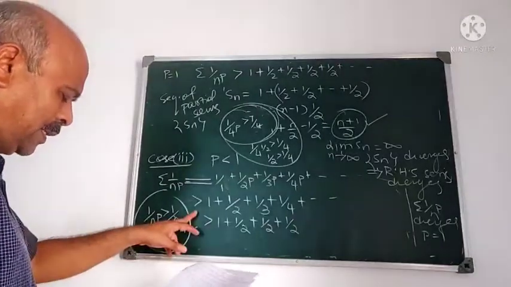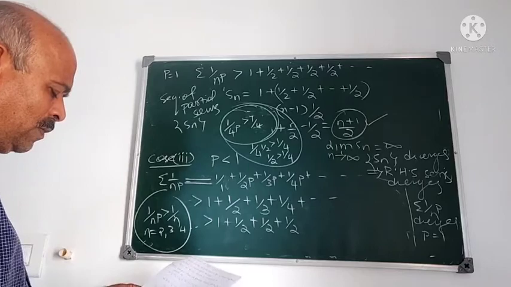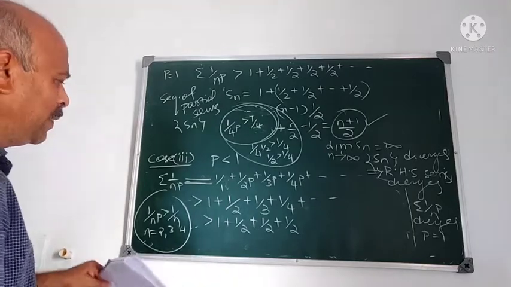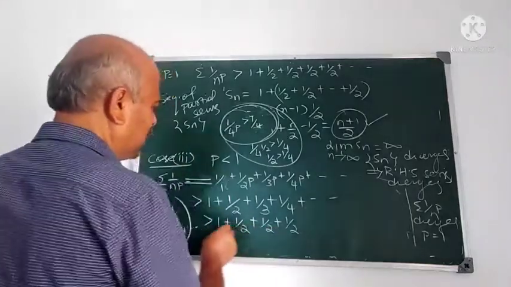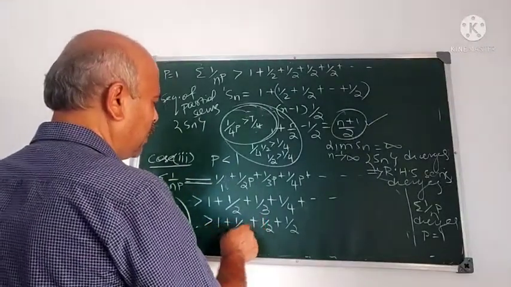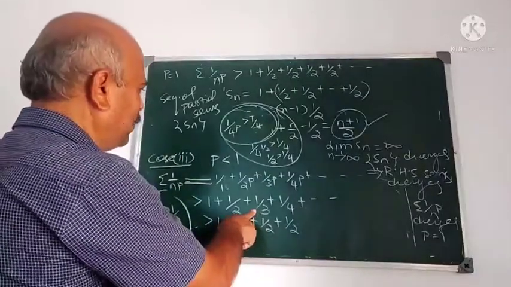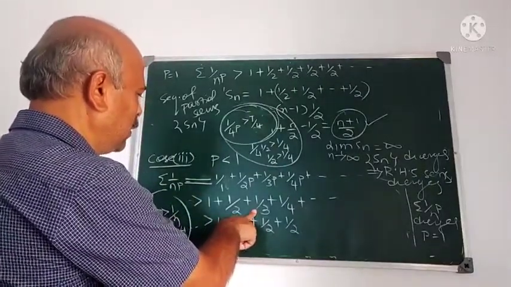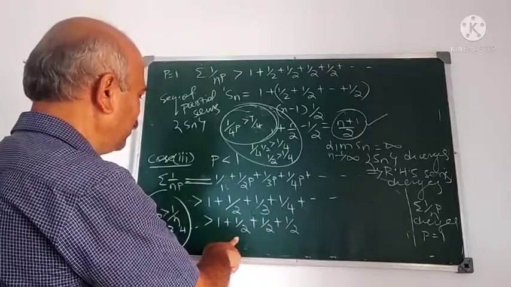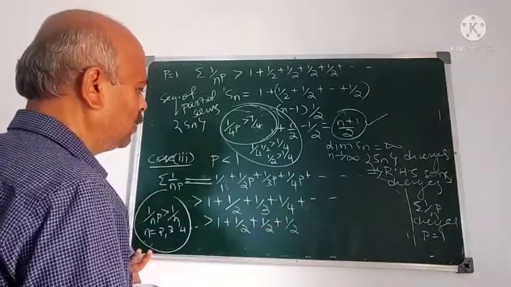This step I am correct here. 1 upon n raised to p is greater than this, therefore it is greater than 1 plus 1 by 2, 1 by 3, etc. Or what happened here? 1 by 3 is less than 1 by 2, correct? Less than 1 by 4 and so on.